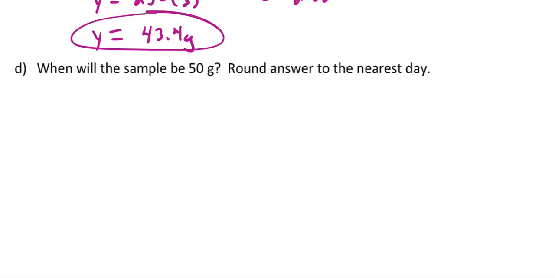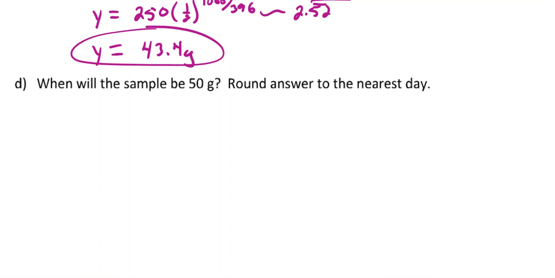Okay, so when will the sample be 50 grams? Okay, so we're looking for the time now. So in this case, 50, that's our y value. So we're going to say 50 is equal to 250 times a half to the power of t over 396. So then we're at the point we can graph this.